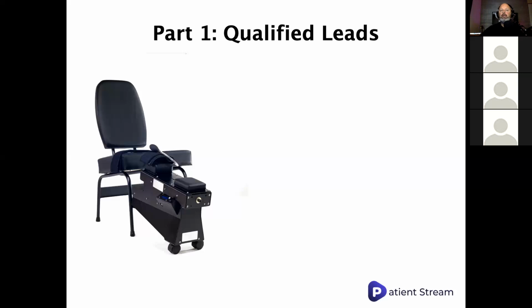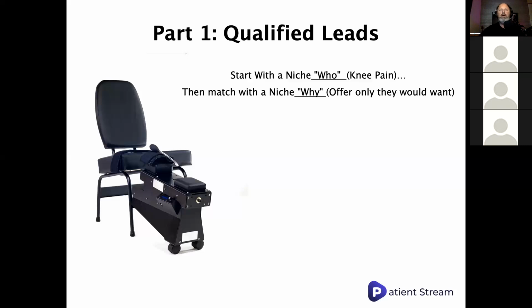And so here is what we want to focus on when we're doing our marketing. This is where the qualified leads strategy starts. First we want to start with a niche who. So if I had back pain, or neck pain, or neuropathy, would I be interested in this device, in this modality? Absolutely not.